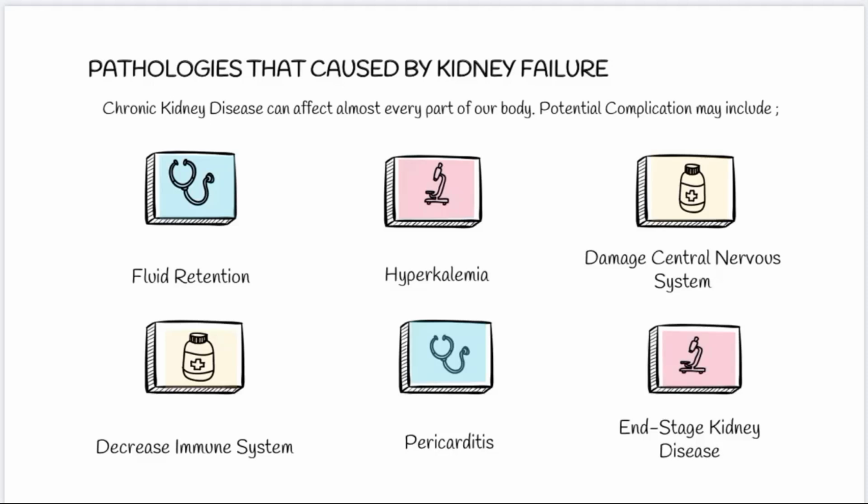It can also cause pericarditis, an inflammation of the sac-like membrane that envelops your heart, the pericardium. And lastly is end-stage kidney disease. It can cause irreversible damage to your kidneys, eventually requiring either dialysis or a kidney transplant for survival.